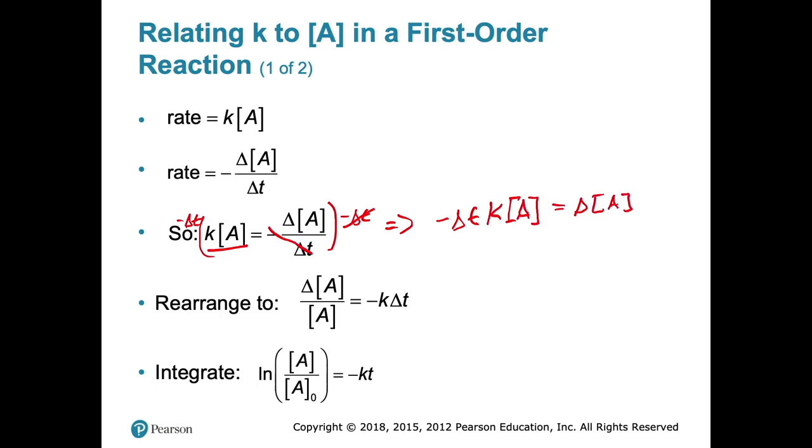Okay. And then all you have to do now is divide both sides by the concentration of A, like that, right? So that actually cancels out this, right? And that's what we get to here. That's what we have here.